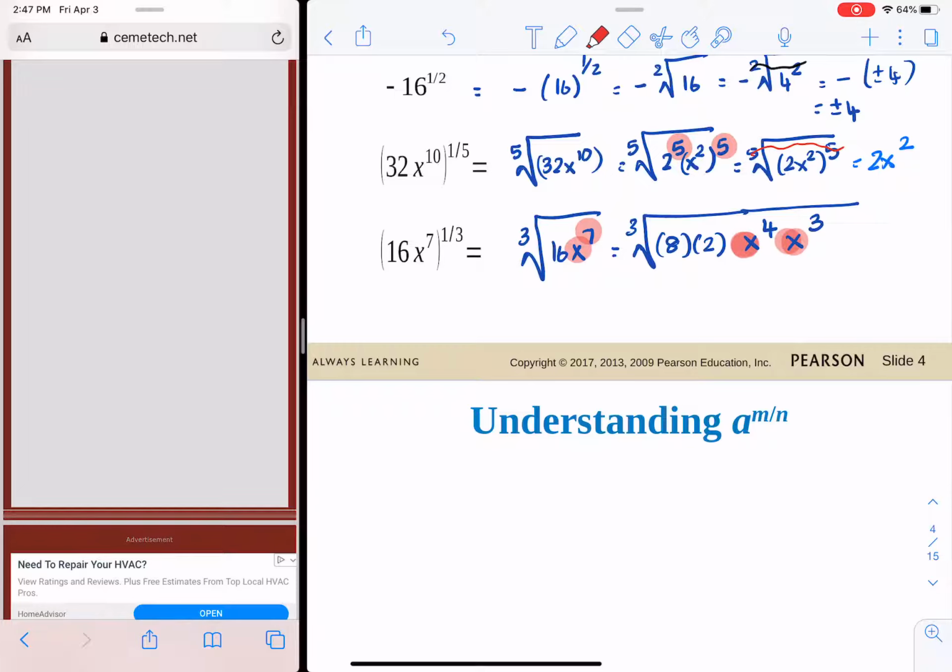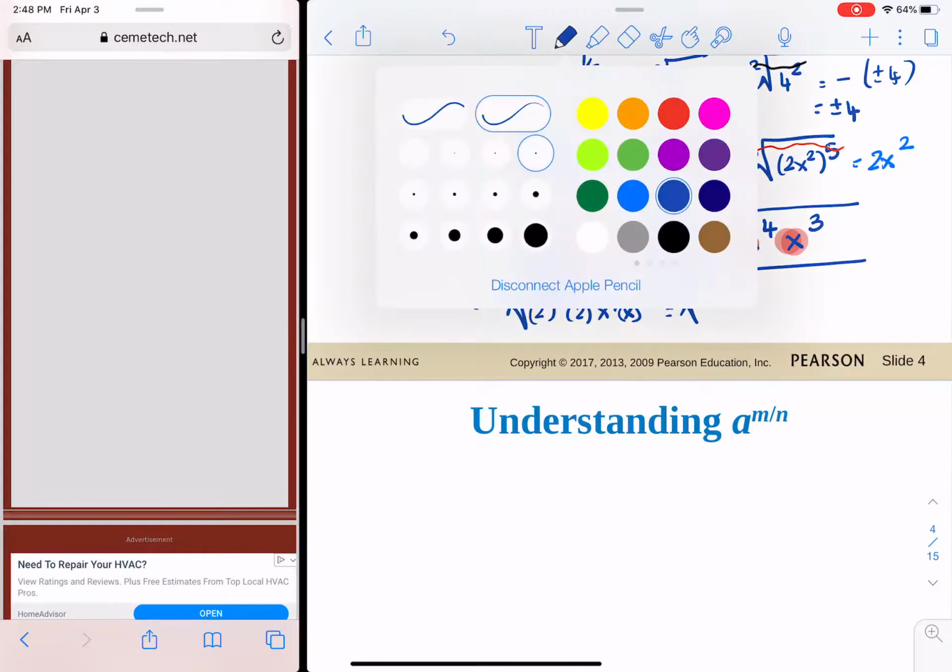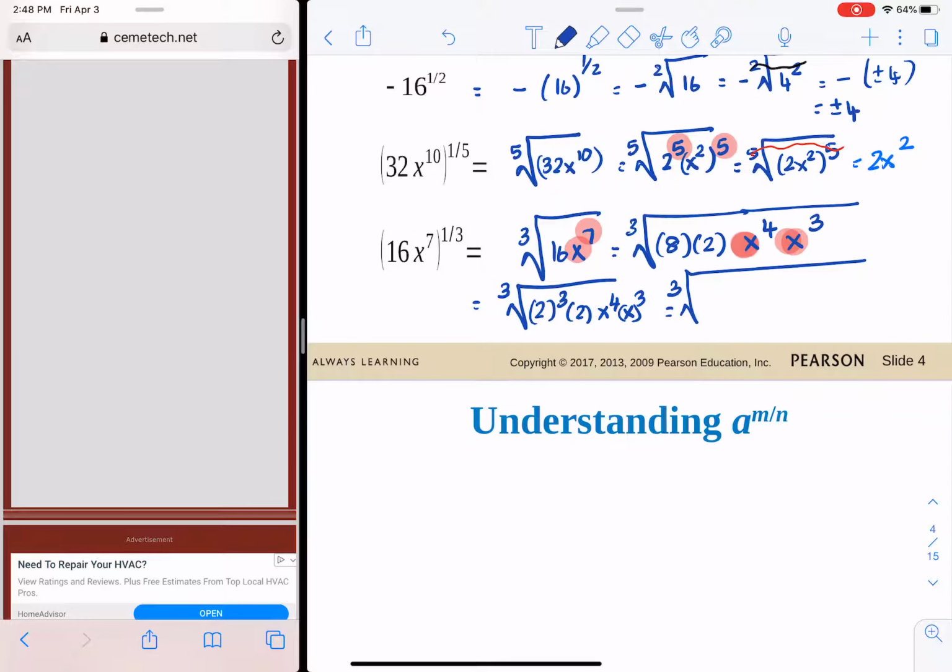Now, I could rewrite 8 as 2 cubed. And now I have two different cubic terms, 2 cubed and x cubed. So I can combine them and write it as 2x cubed, leaving behind 2 and x raised to 4.